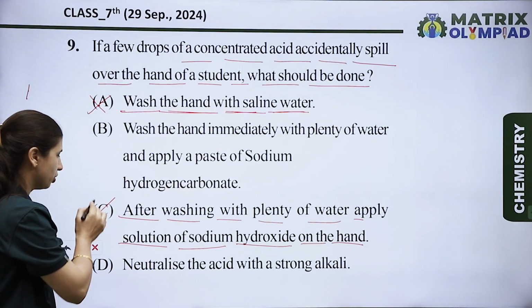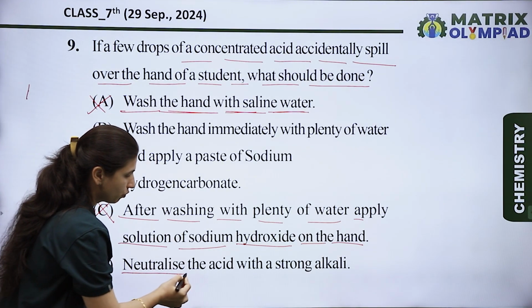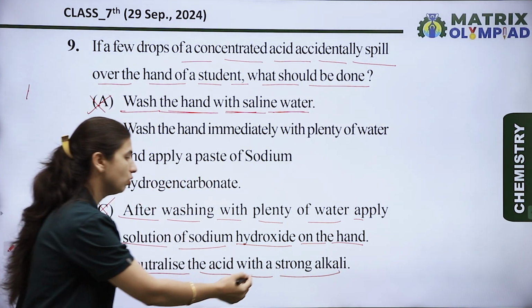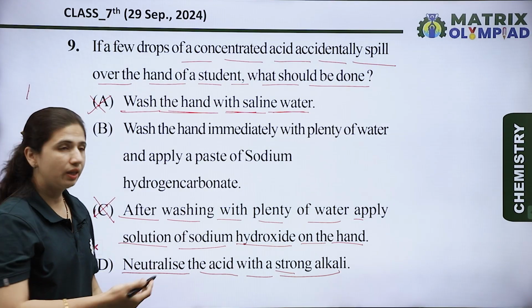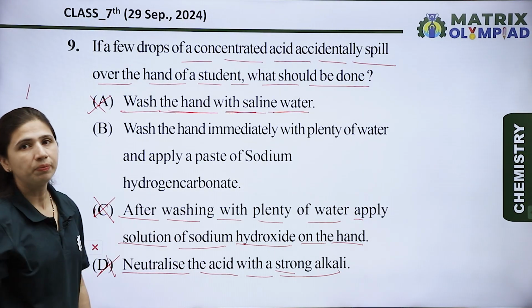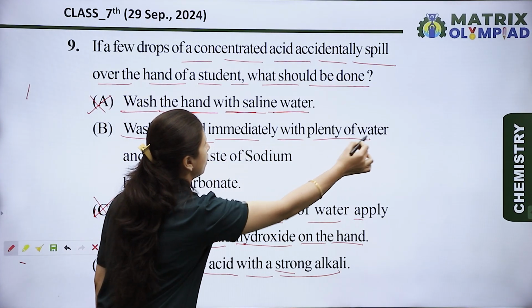So option C is also a wrong option. Now let's see D. Neutralize the acid with a strong alkali. No, a strong alkali is also a dangerous substance, or we can say it is more corrosive than a strong acid. So it is also a wrong option. Now let's see option B. Wash the hand immediately with plenty of water.